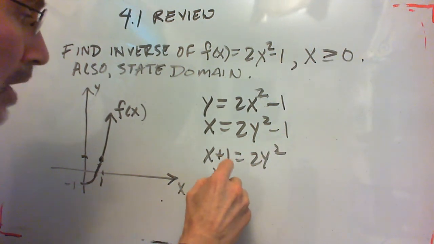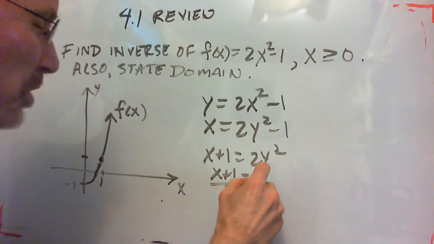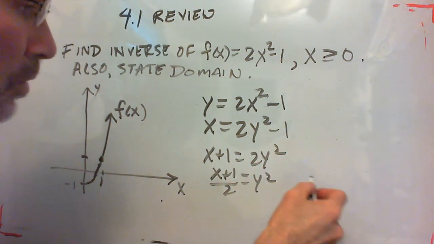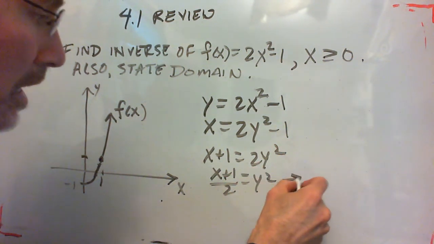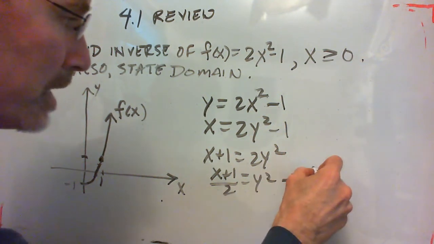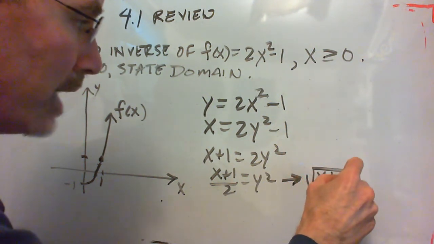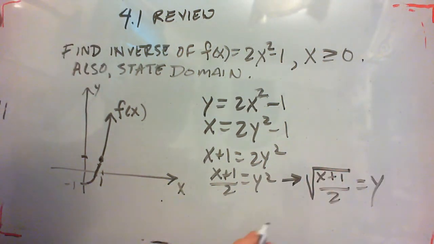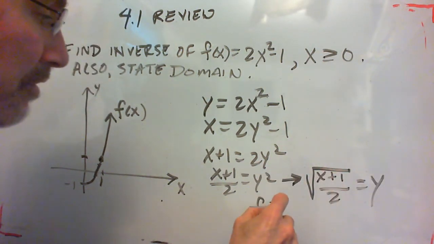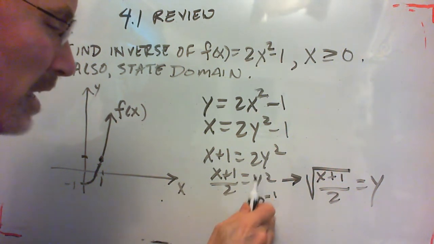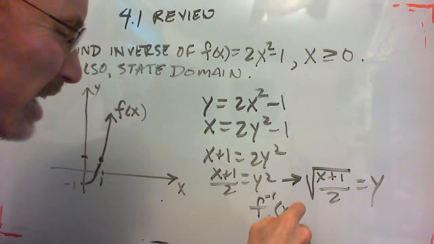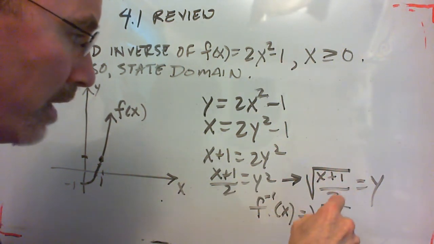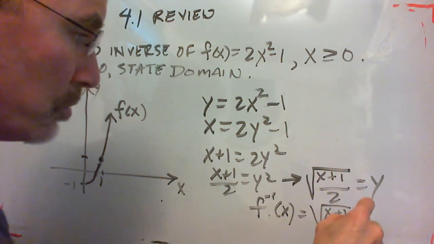Divide by 2. (x plus 1) over 2 equals y squared. And now we extract square roots. Normally you get a plus or minus, but in this case, only the plus. So our inverse function is f inverse of x equals the square root of (x plus 1) over 2.